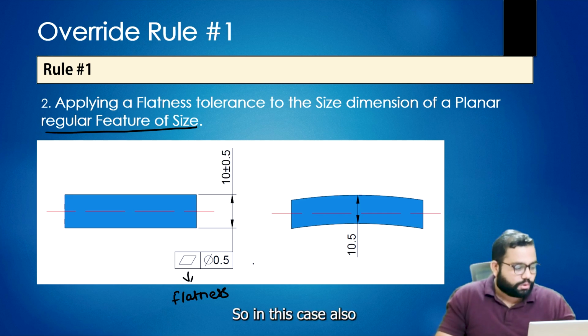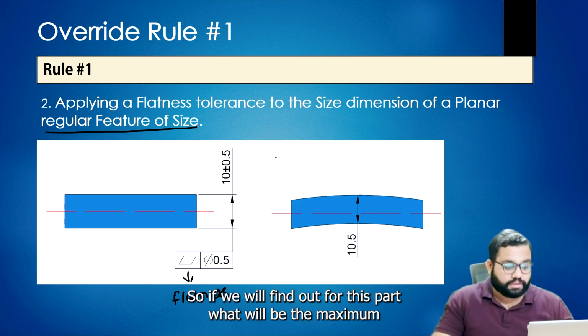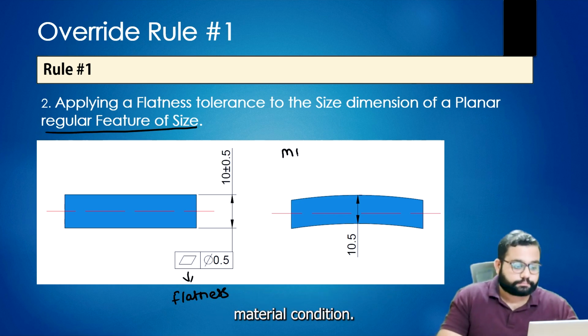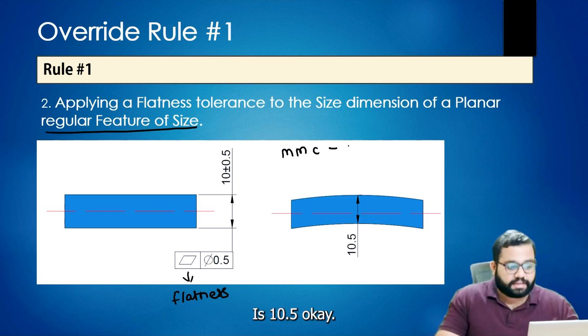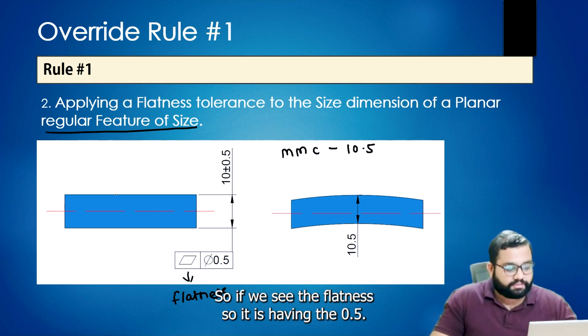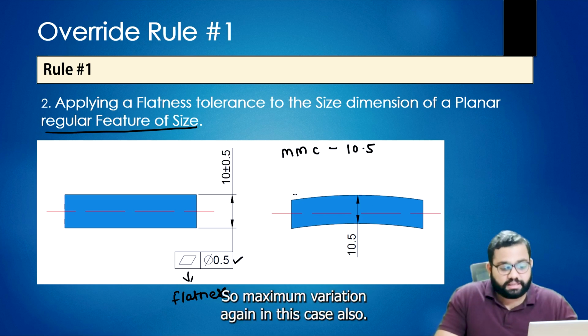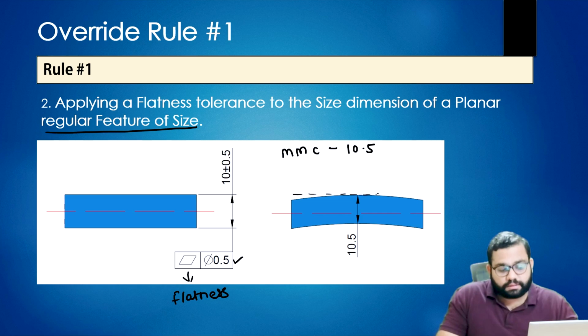In this case also, if the part is manufactured at maximum material condition, and we find out the maximum material condition for this part, it is 10.5. So 10.5 will be the maximum material condition for this part. If we see the flatness, it is having 0.5 mm of variation.